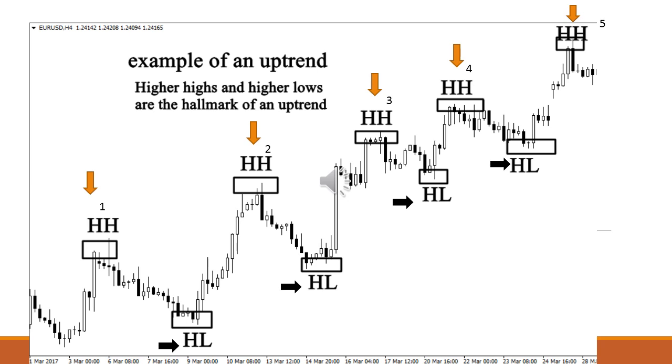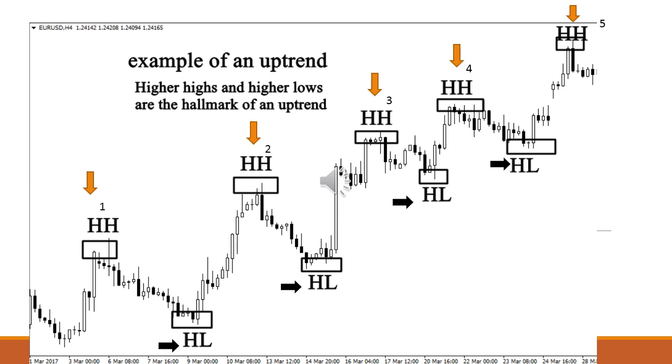Now it moves again and closes above the previous higher high. That is why it's called a higher high, because it closes higher than the previous higher high. So on this number two, the market closed higher than the previous higher high.